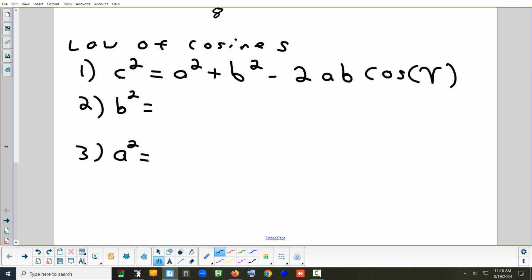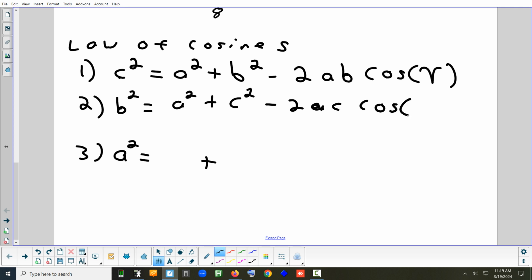A squared plus c squared. The plus, the minus, the 2, and the cosine all stay the same. You're not rearranging the first one, just writing it with different letters. So b squared equals a squared plus c squared, minus 2ac.